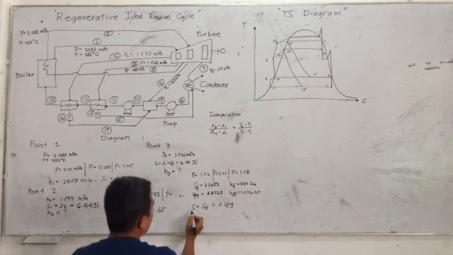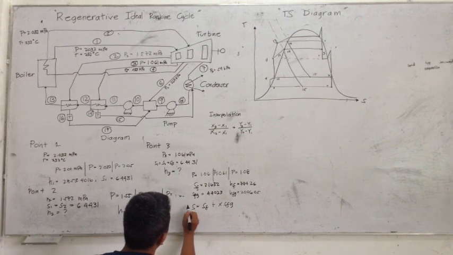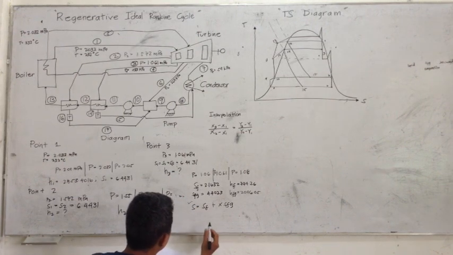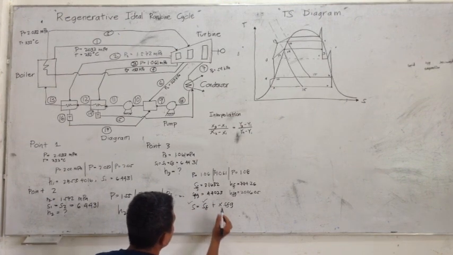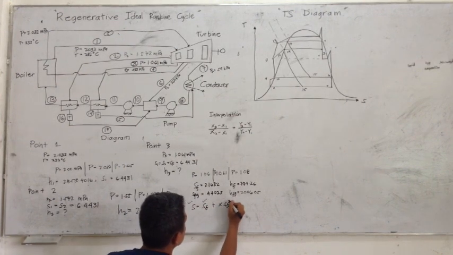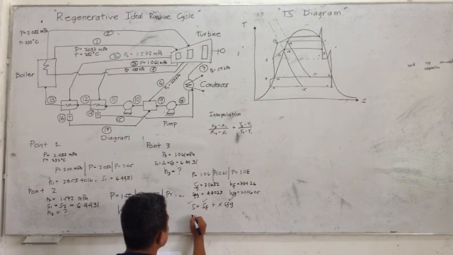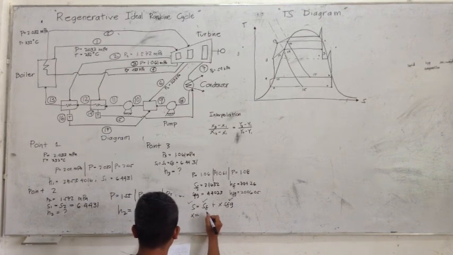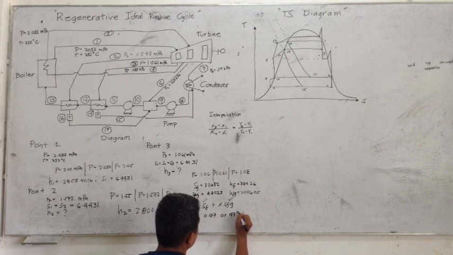We already have S, which is S3, where S1 equals S2 equals S3, and we already have SF and SFG. Directly substituting these given numbers, we get the quality X, which is 0.97 or 97%.